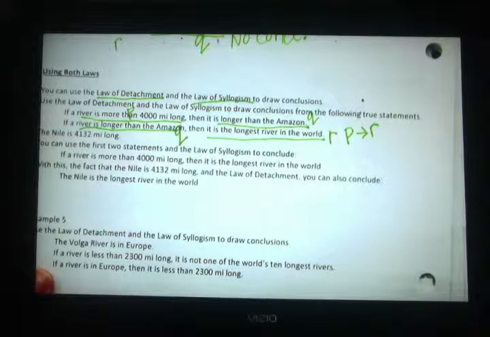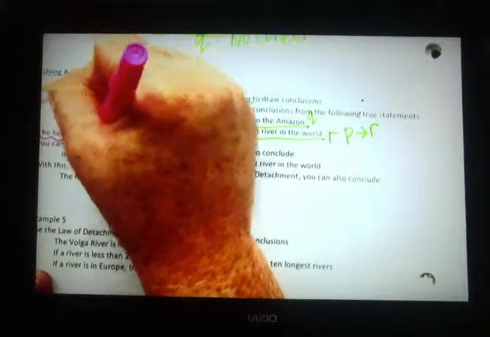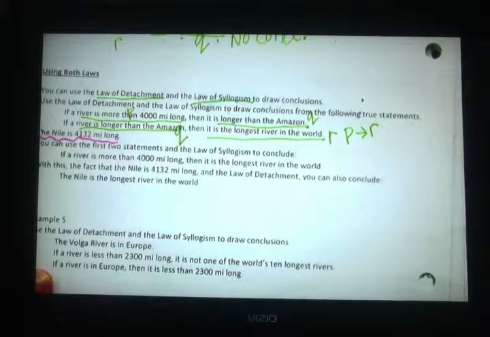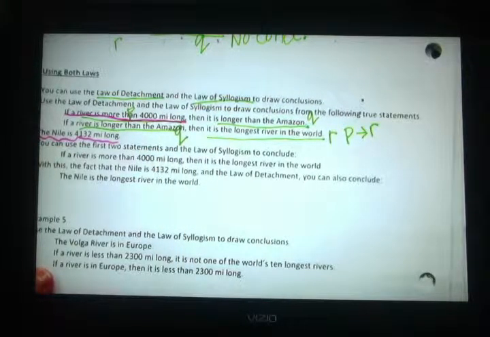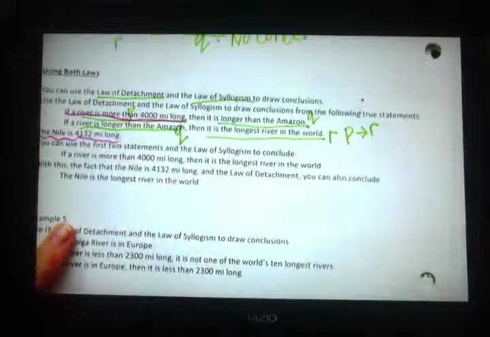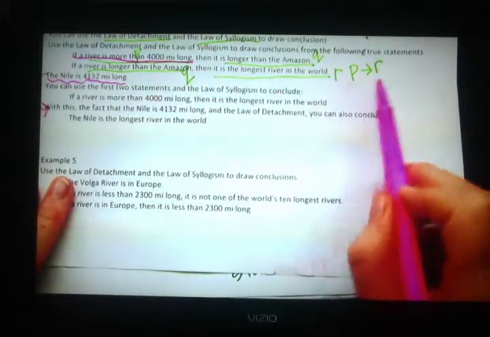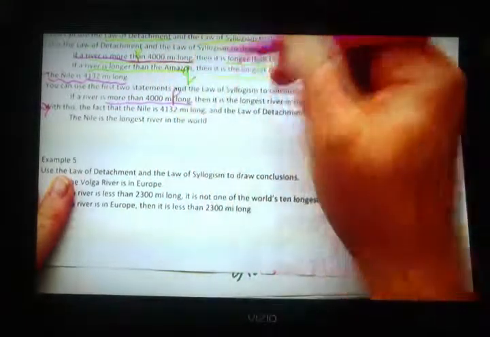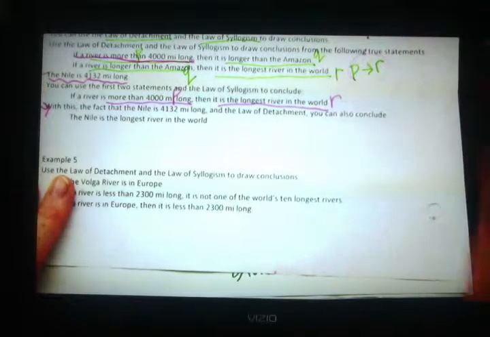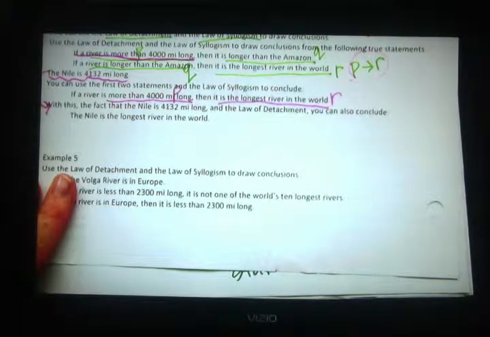Okay, so now this is looking like a law of detachment because I'm given another statement. The Nile is 4,132 miles long. Look, that's a more specific P, right? So if P then R is what we concluded: if a river is more than 4,000 miles long, P, then it is the longest river in the world, R. That's your law of syllogism used here.